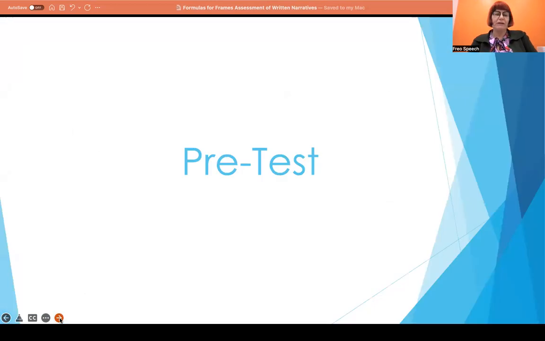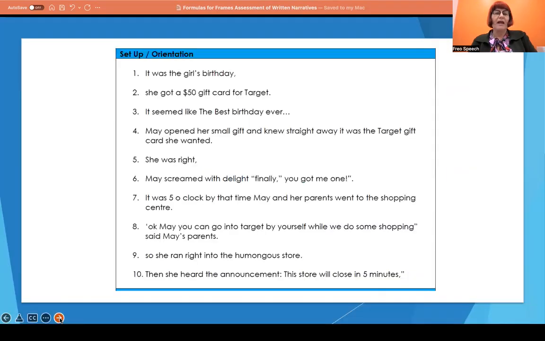So let's have a look at the pretest that our subject did. And what I did is I divided it up according to the narrative hill to see where she used most of her energy. And what you'll see here is that she used it in the setup and the orientation.